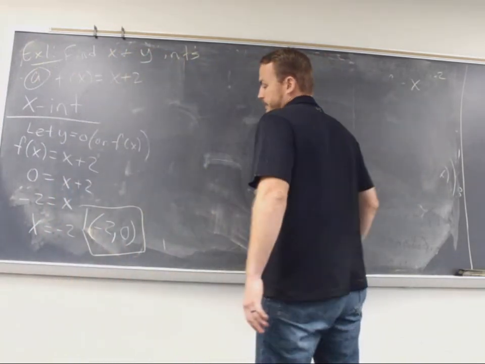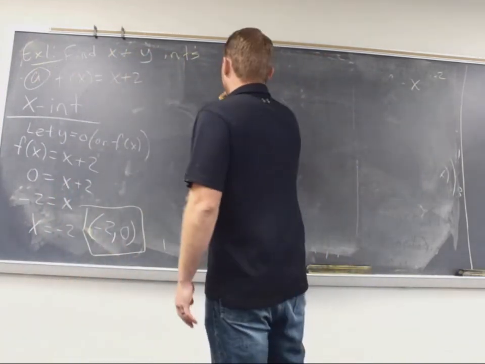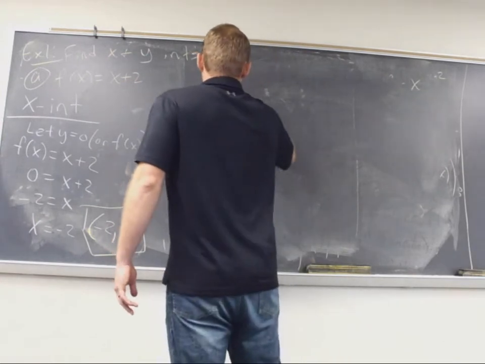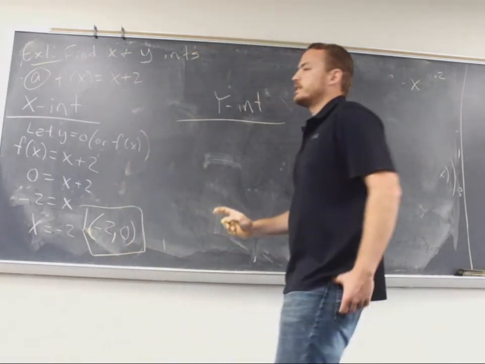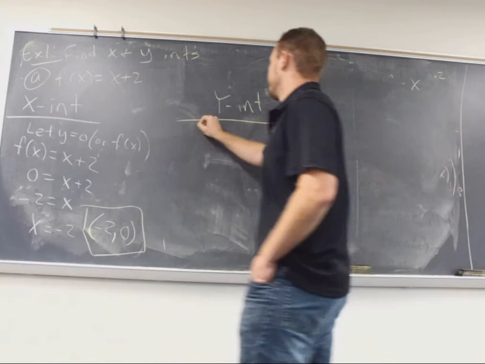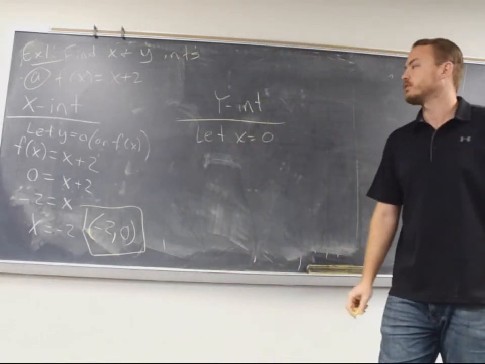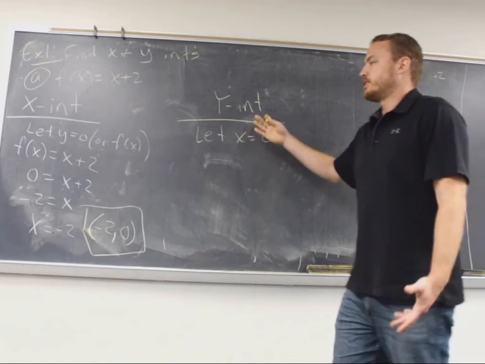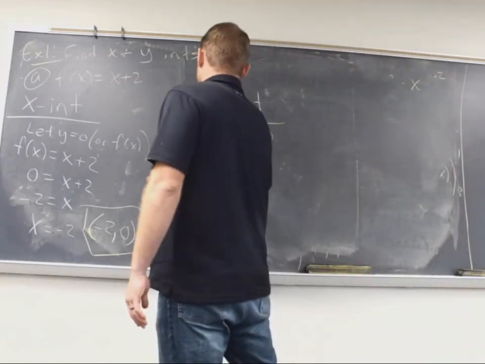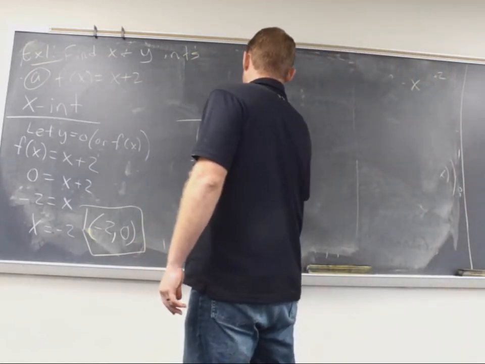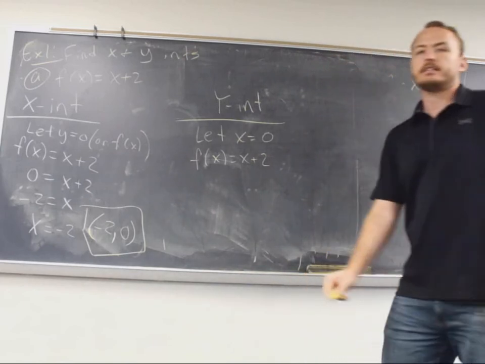All right, now it's the same thing for the y-intercept. The only difference is we're going to let x equal 0 now. Let x equal 0. Then I'm going to write my function again below it, just because it's good habit so I don't forget something, or I don't make a silly mistake.